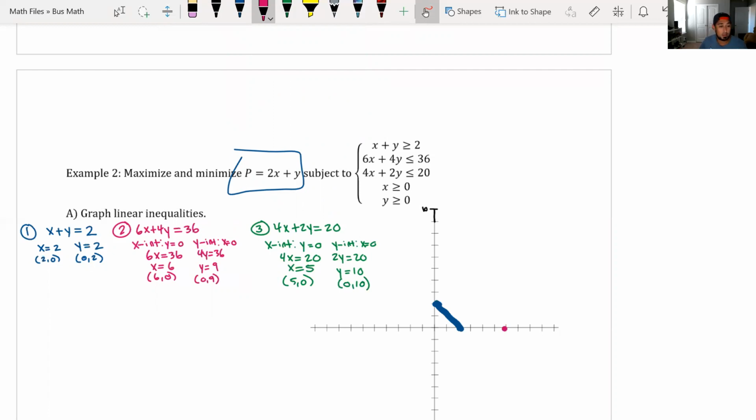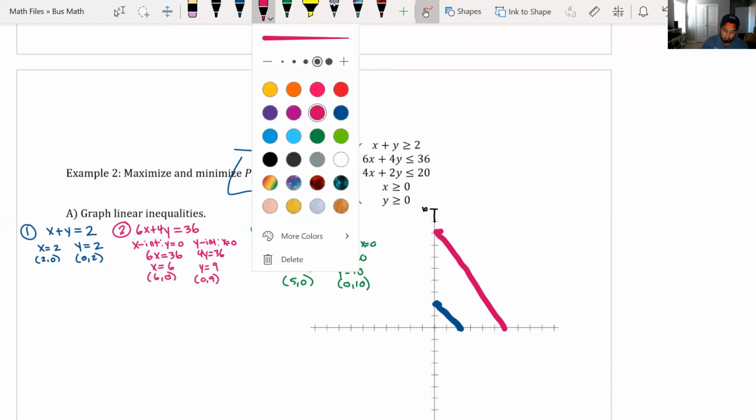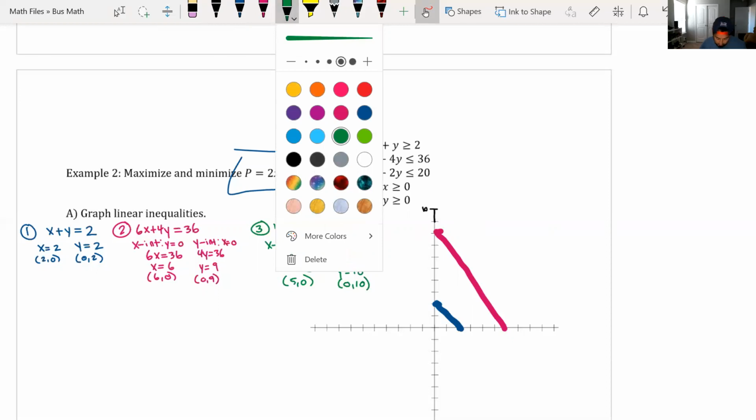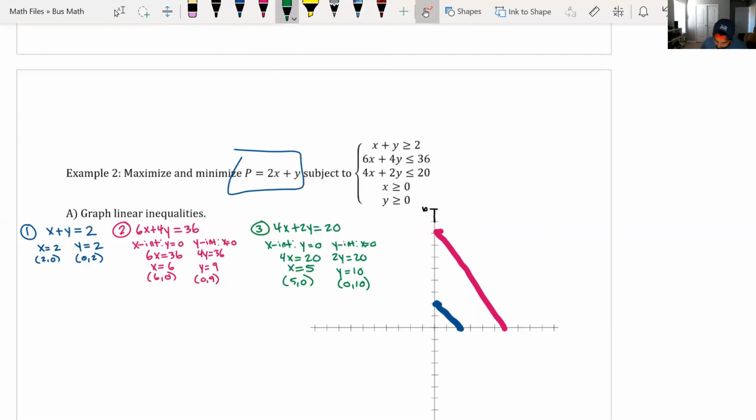And then (0, 9). All right. And then plot the third one. This back to normal, and there we go. We have x-intercept at 5. 1, 2, 3, 4, 5. And then 10.